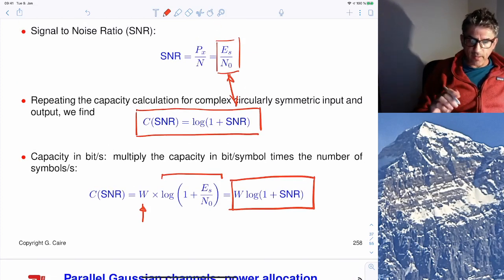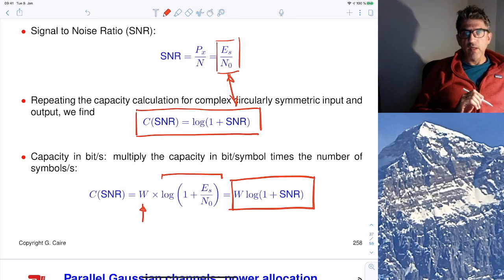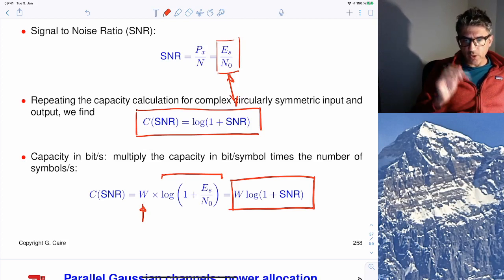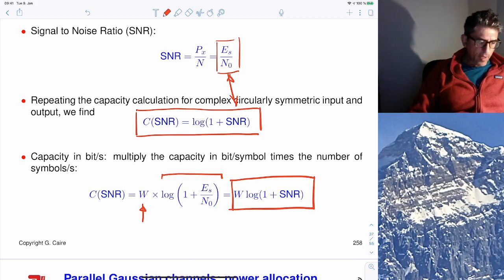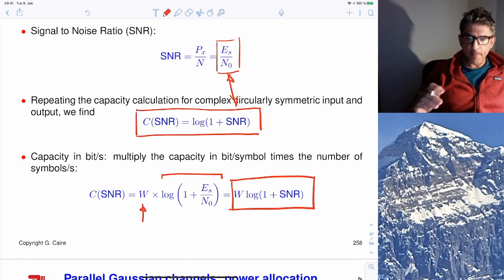In the real case it is ES over the noise power spectral density of the real noise, so N0 half, and for the passband channel model it is ES over N0. Okay.